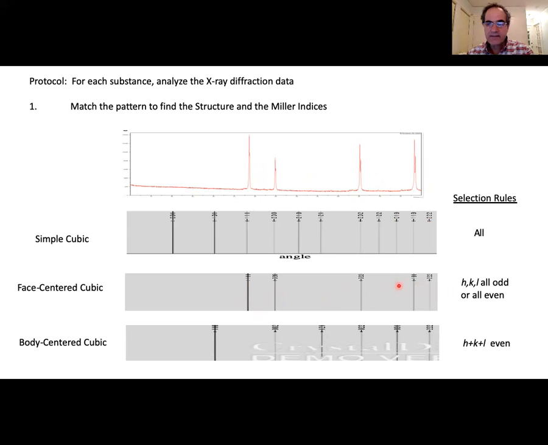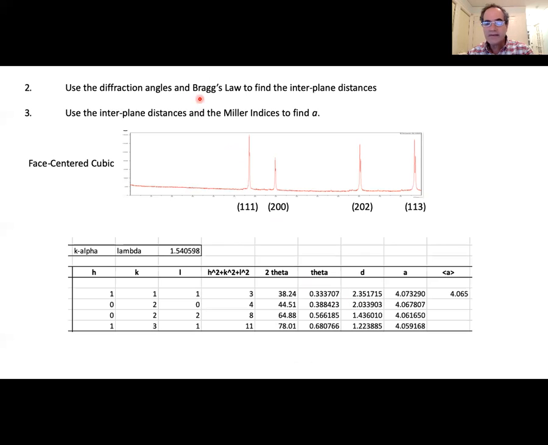And it's the only pattern that matches. So now that we know what the pattern is, we know what the Miller indices are for each of the lines. That was the important thing that we needed to find. And once we know the Miller indices, we know everything.